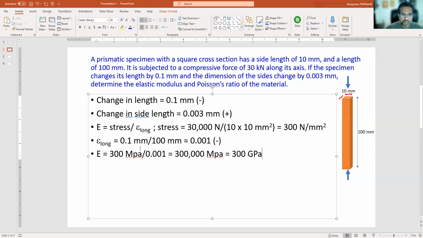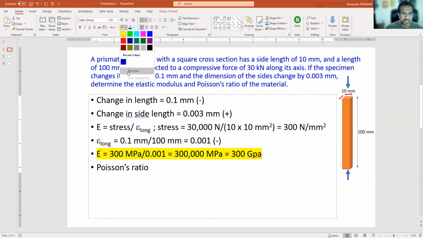So this is my elastic modulus. 300 gigapascal is my elastic modulus. So very straightforward, simple calculation. Now, the next question is what's my Poisson's ratio? So you can use a symbol for Poisson's ratio. I'm not using it because it's easy to write in a PowerPoint slide, but make sure that when you're doing your problems, you use the symbols.